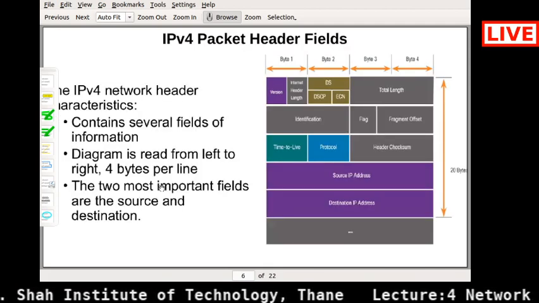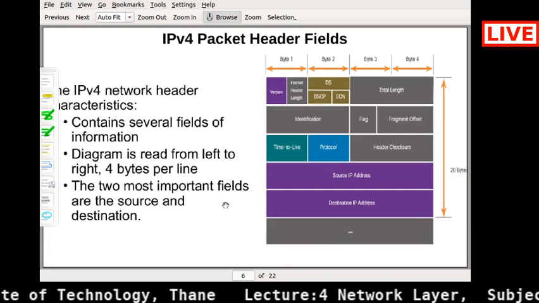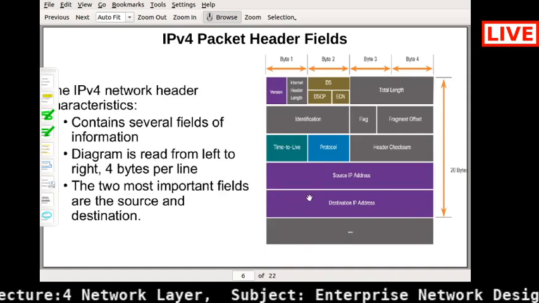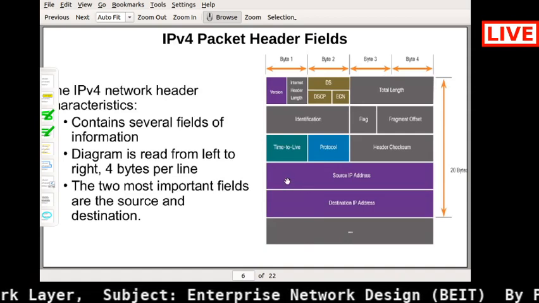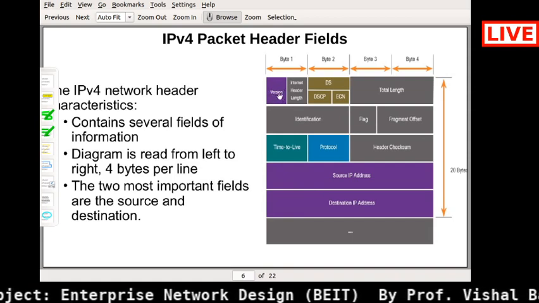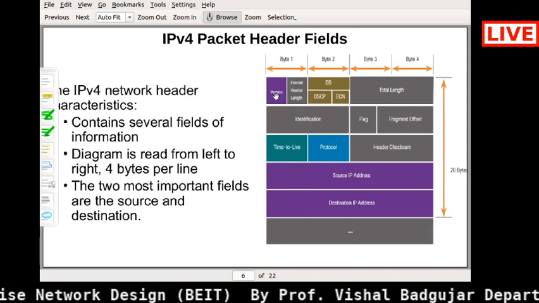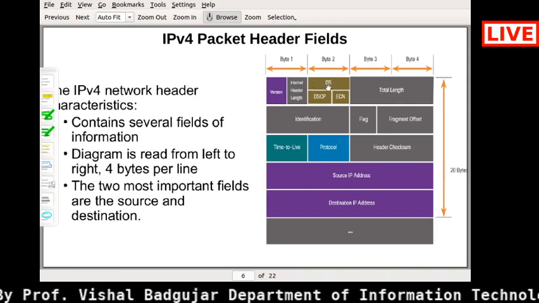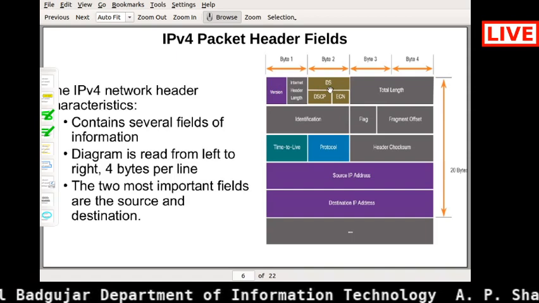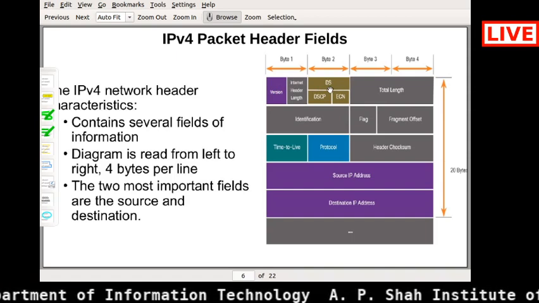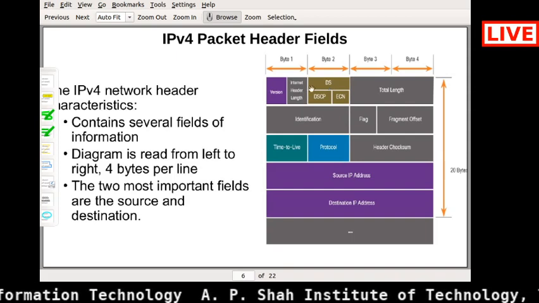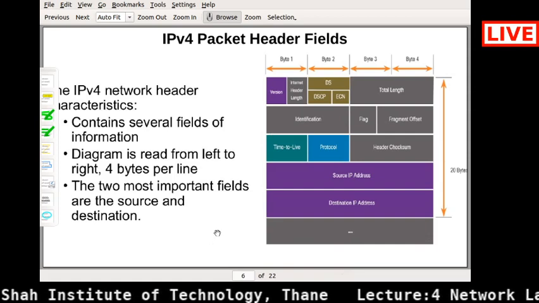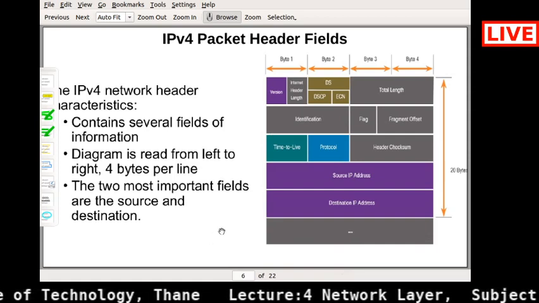So what are the fields of the header? These are the IPv4 header fields. Here version is 4 bits, the internet header length is 4 bits, the DS is 8 bits. The IPv4 address is 32-bit, providing logical addressing.